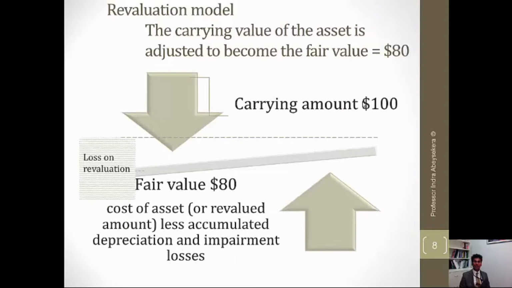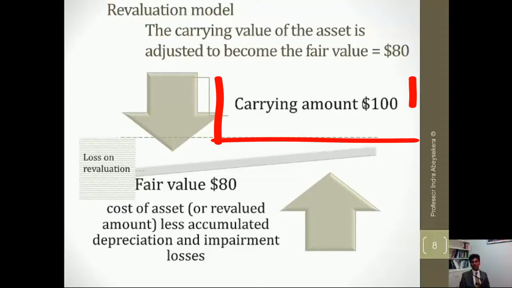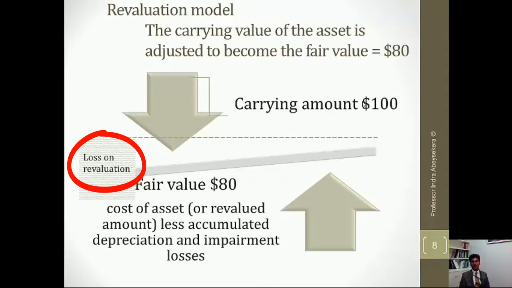Similarly, market value could be less than the carrying amount. Here, the market value or the fair value is 80 and the carrying amount is 100. And now we need to decrease the carrying amount to match the market value or the fair value.